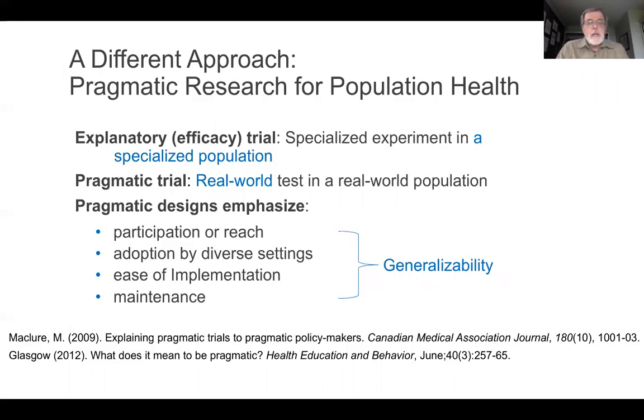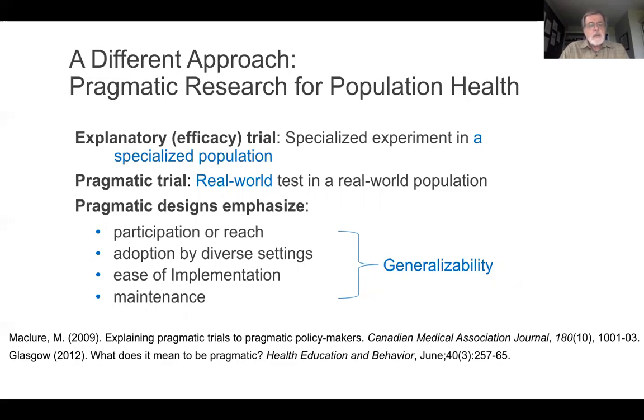Let's begin by just talking a bit about what pragmatic research is, and I hope you've had a chance to read some of the articles for the course. But for explanation, the approach we're going to use for pragmatism is based on some work that's been done in the UK in particular and Canada, and they have slightly different terminology than we do.